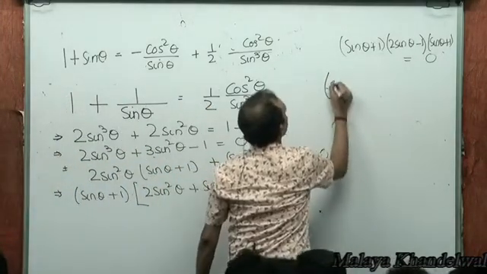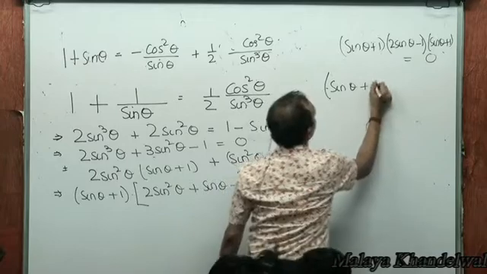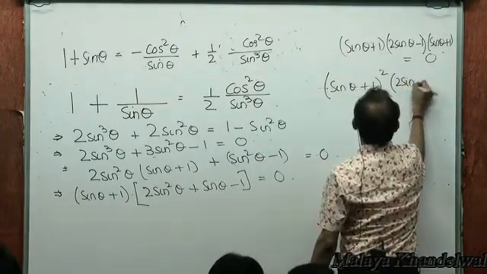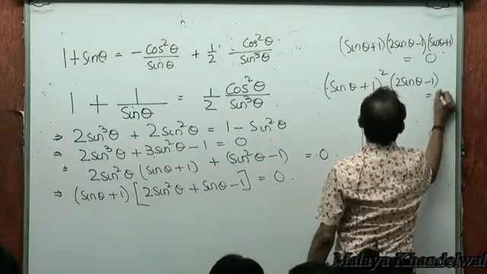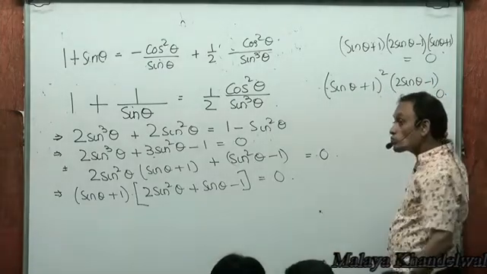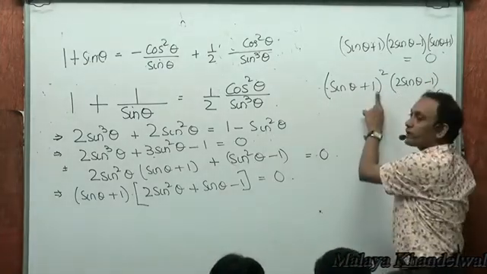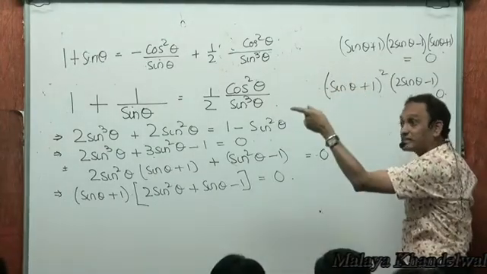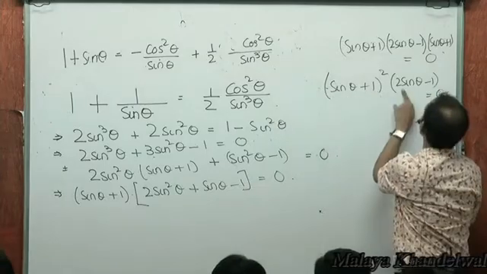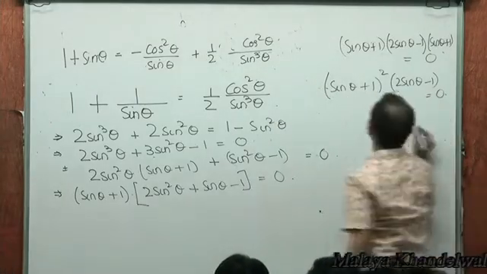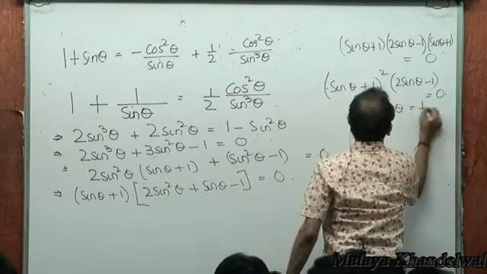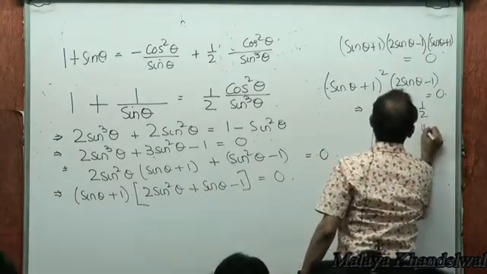This gives me sin theta plus 1 whole square into 2 sin theta minus 1 equal to 0. Sin theta can't be minus 1 because it's the second quarter of the circle that I'm talking of. So theta must lie in the second quadrant. So this is not 0. So sin theta must be half. Theta therefore must be 30 degrees.